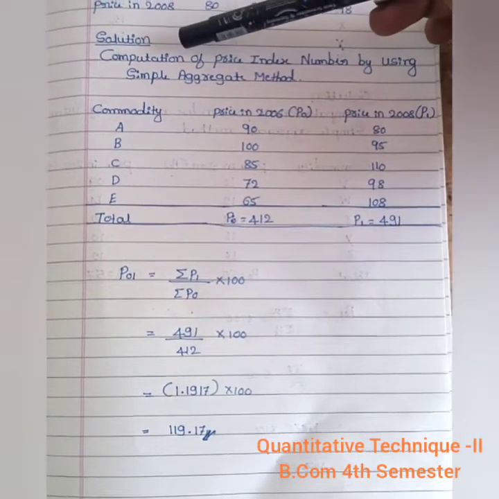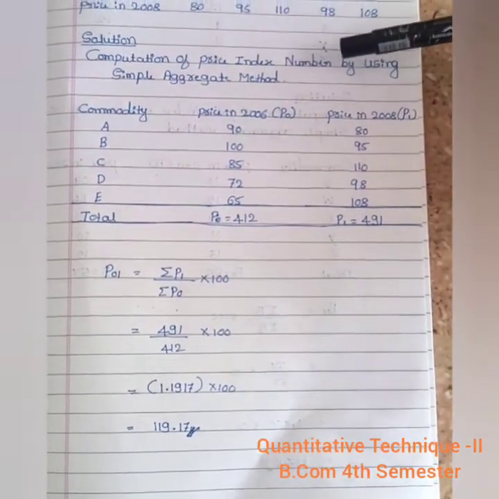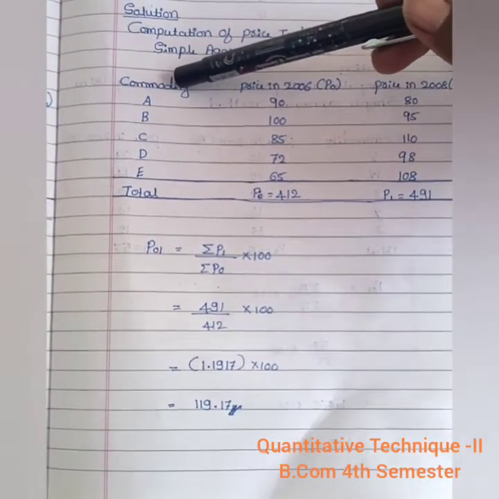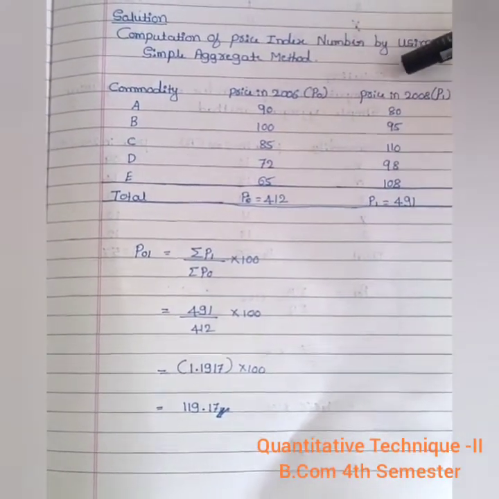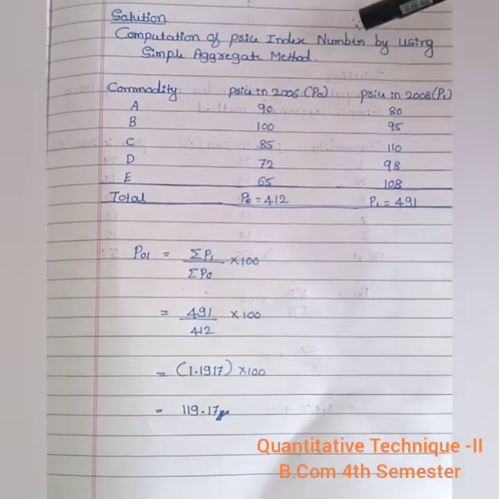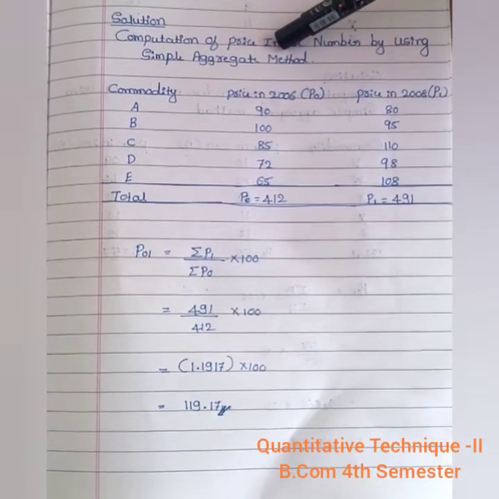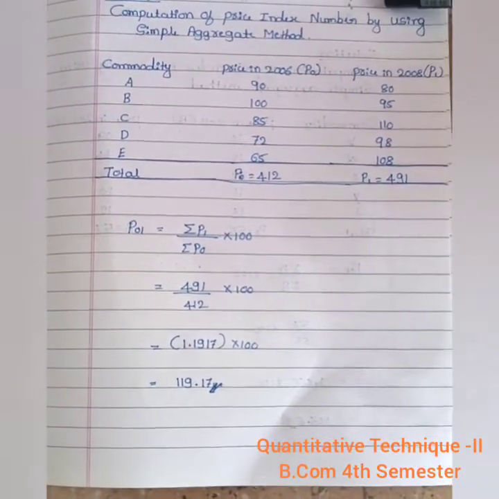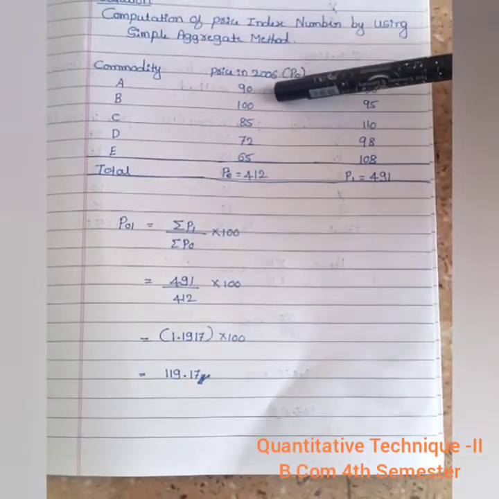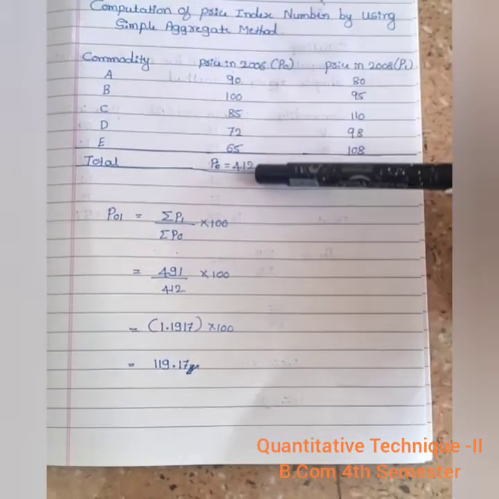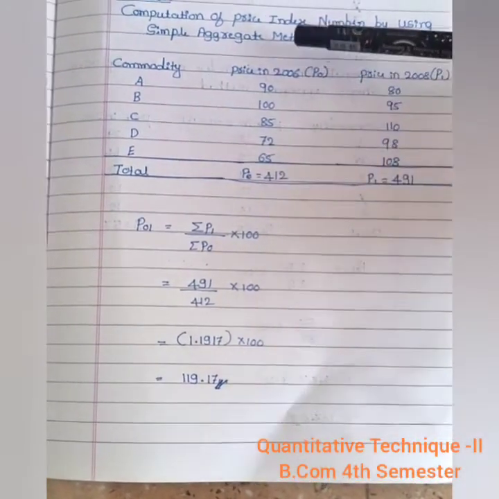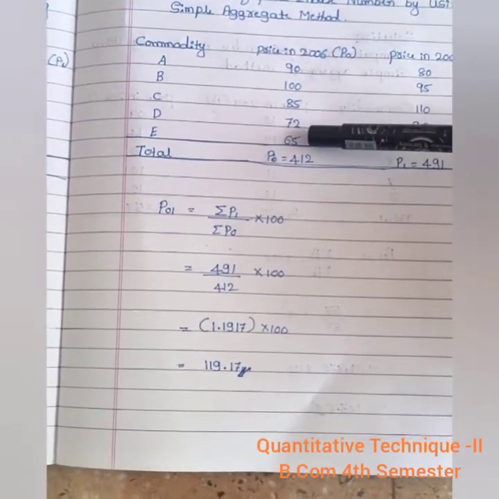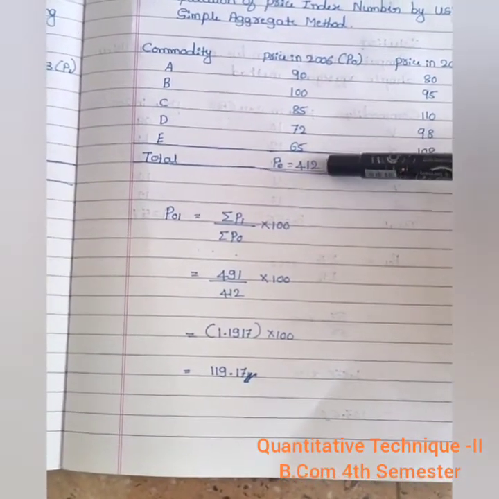Solution: computation of price index number by using the simple aggregate method. The data given are commodities, price in 2006, and price in 2008. As I said, 2006 is the base year and 2008 is the present year in this problem. We add the values in 2006: P0 is equal to 90 plus 100 plus 85 plus 72 plus 65, so P0 is equal to 412.